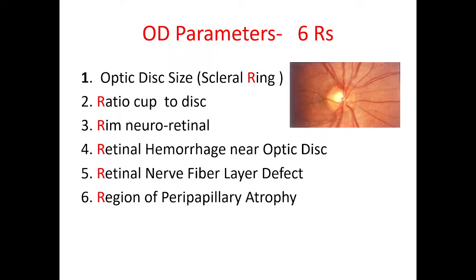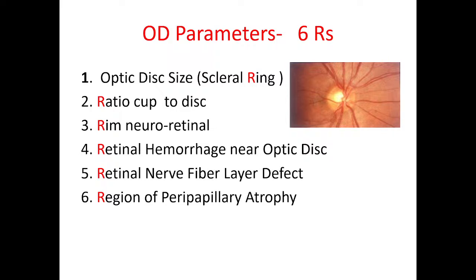So we have to see the size of the cup, because when there is a loss of fibers passing through, the cup size will enlarge. When there is damage and loss of these fibers, the rim gets thinner and the cup size increases.